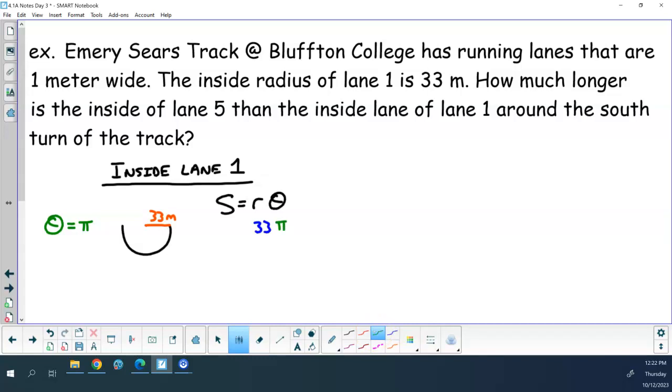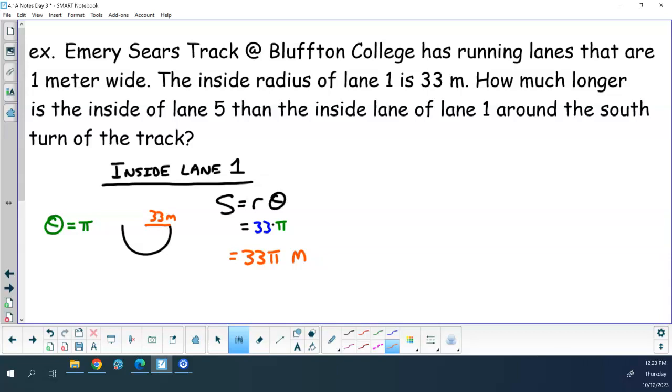So the inside of lane 1 would be 33 pi meters long. Agree with me on that. That's the inside of lane 1. Each lane is 1 meter wide. Roughly true? A little bit more than that. Actually, a little less than 50.